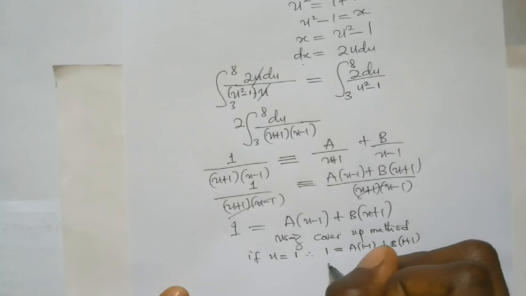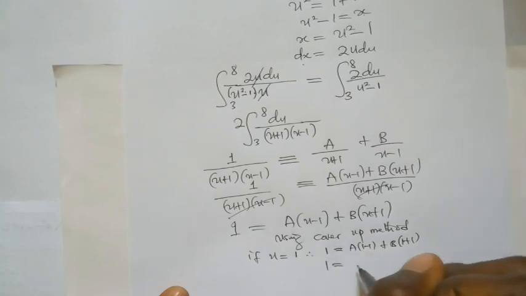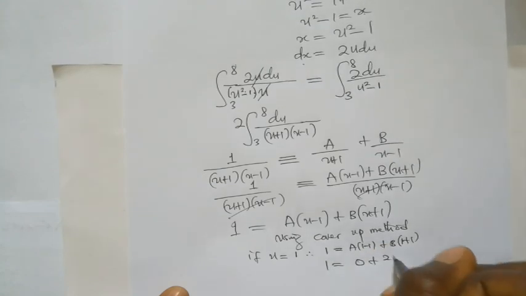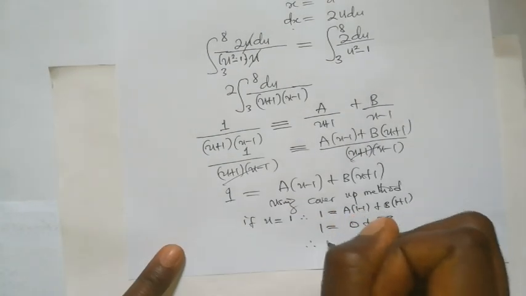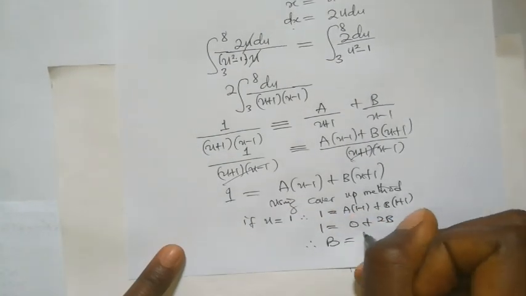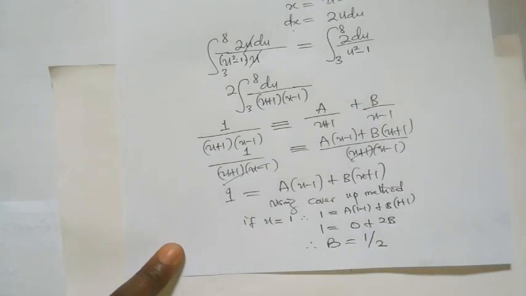So therefore we have 1 is equal to 0 plus 2B. Therefore our B is going to be 1 over 2.